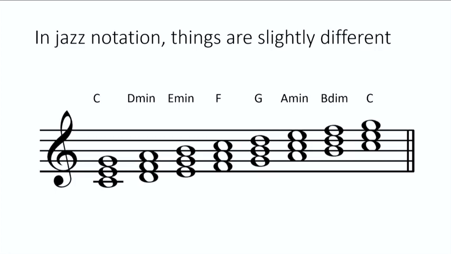The first chord is C. It's built on a C, so we call it C. The second chord is built on a D. It's a minor chord, so it's called D minor. The third chord starts on an E, so it's E minor. The fourth chord starts on an F. It's F, then G, then A minor, B diminished, and we'll talk about the diminished chord again later on. Also, it's a different type of quality, and then C again.